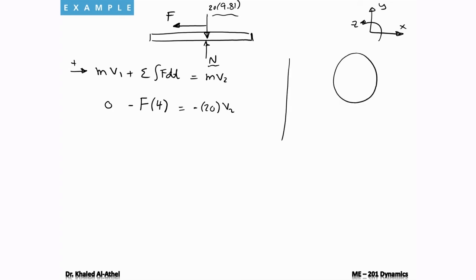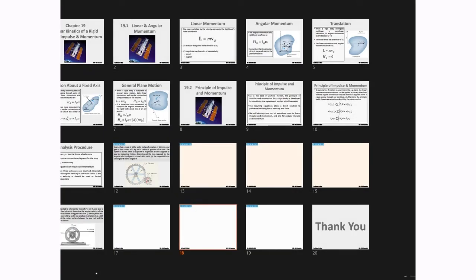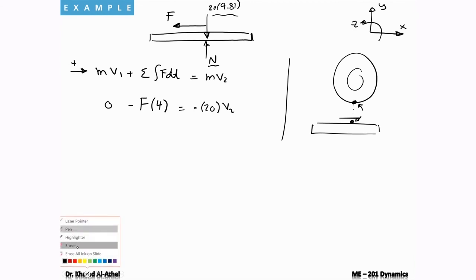Now, let's look at this problem. So this is the gear, and it has this point which is acting on this rack. These two points should have the same velocity because they are the same point. Therefore, if I can relate this velocity to omega of that object, then I can have the two as one unknown.